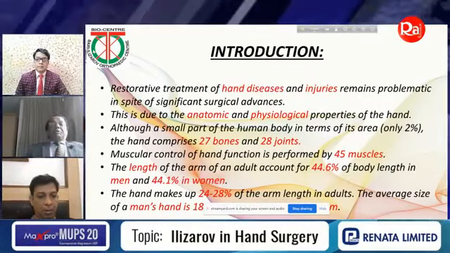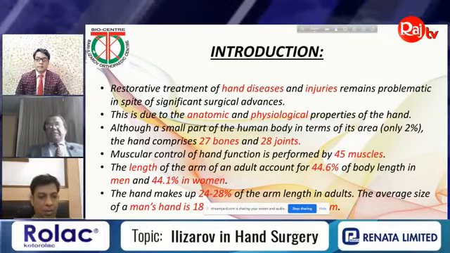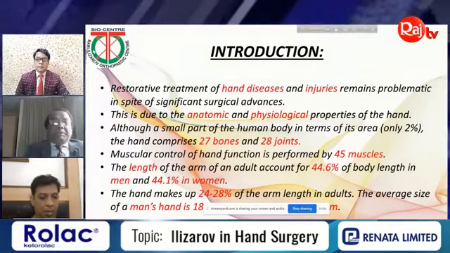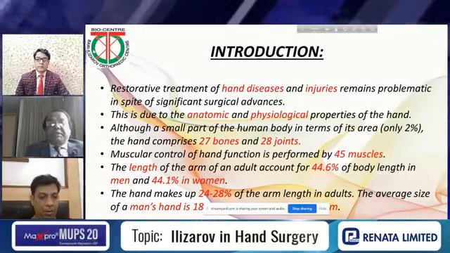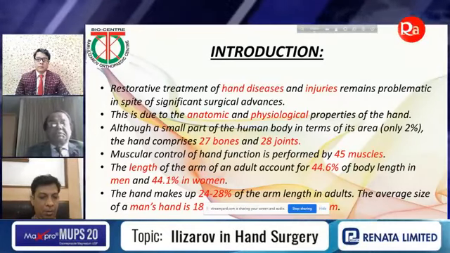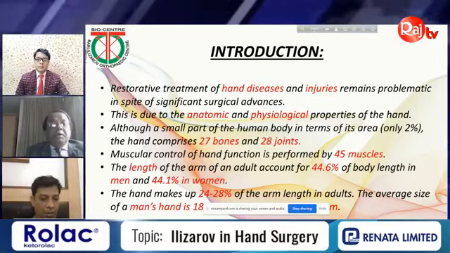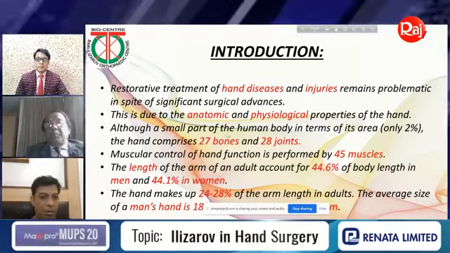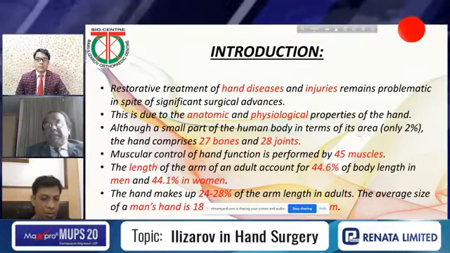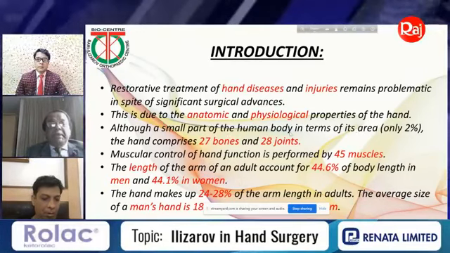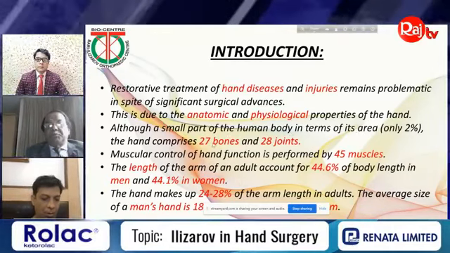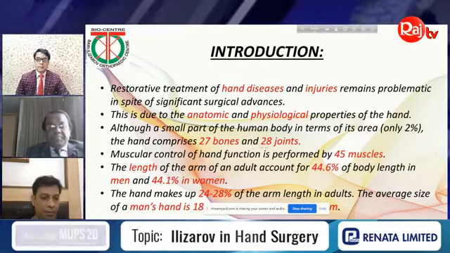Now, restorative treatment of hand diseases and injuries remains problematic in spite of significant surgical advances. This is due to the anatomic and physiological properties of the hand. Although a small part of the human body in terms of its area, only 2%, the hand comprises 27 bones and 28 joints.